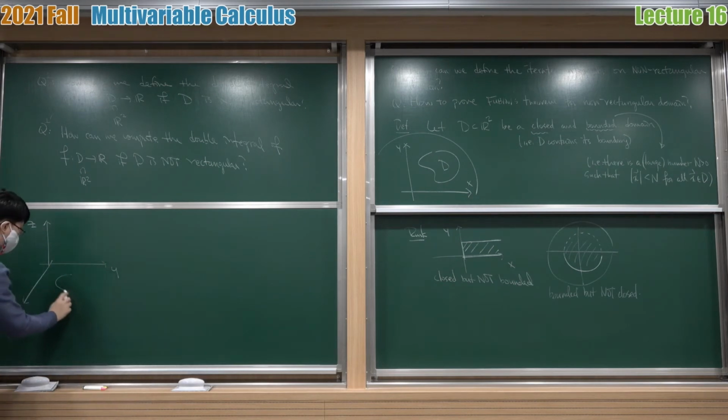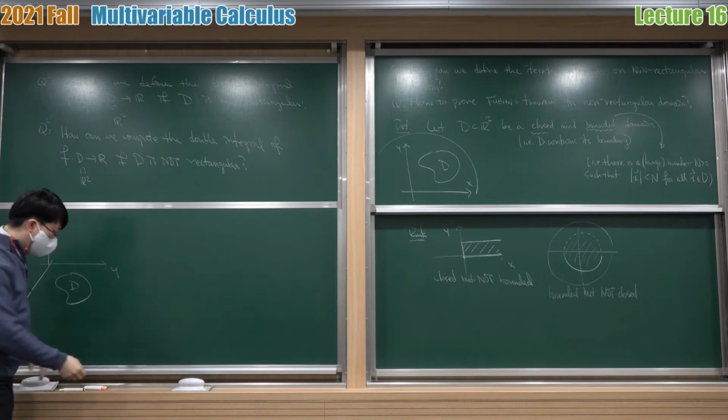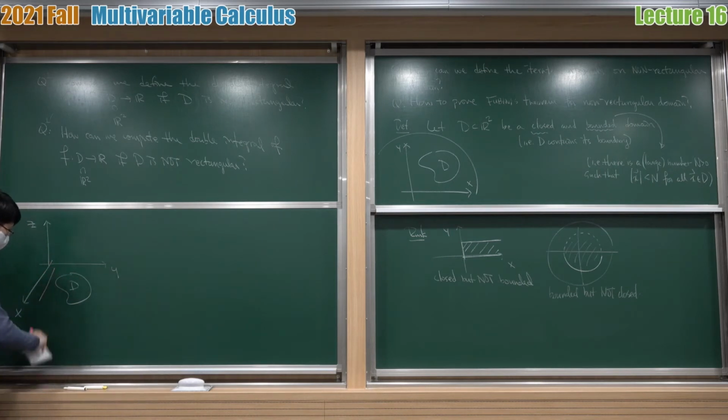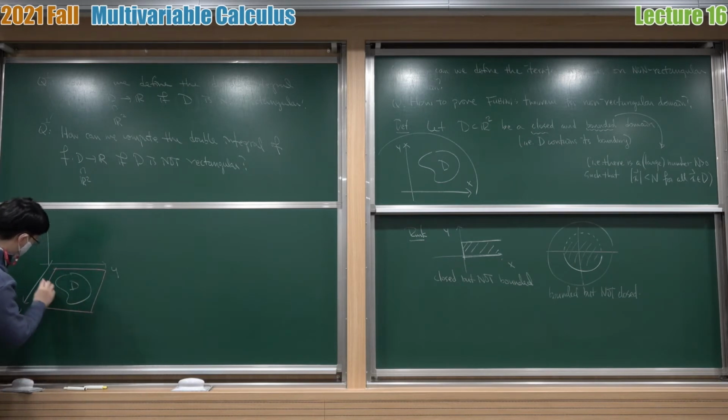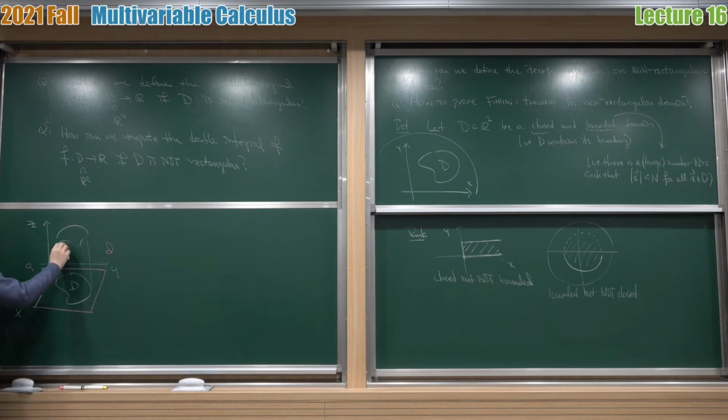My D is somewhere here. Since this is bounded, I can put that in a larger rectangular domain, x from A to B and y from C to D. So this rectangular domain properly contains all of D. And then over D there is the graph of a function, z equals f of xy, but outside of D it is not defined at all.